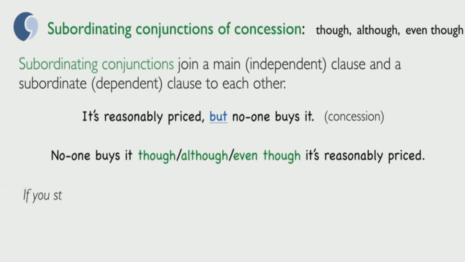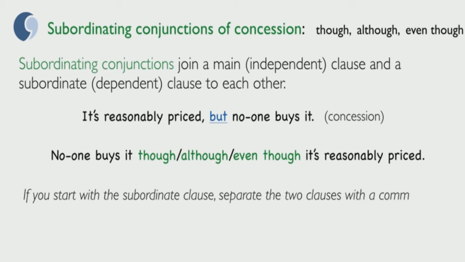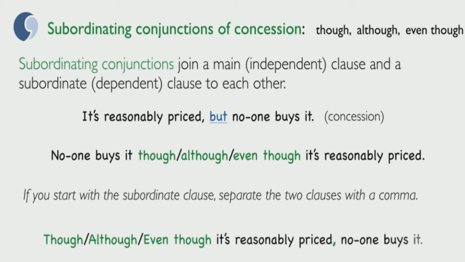Remember that if you start with the subordinate clause, you must separate the two clauses with a comma. Though, or although, or even though it's reasonably priced, comma, no one buys it. Okay, if you start with subordinate clause, separate the two clauses with a comma.